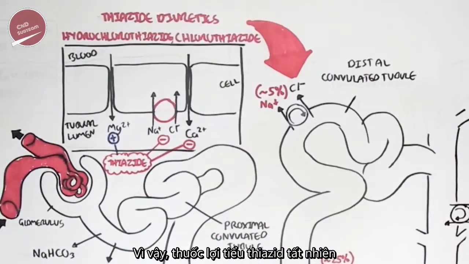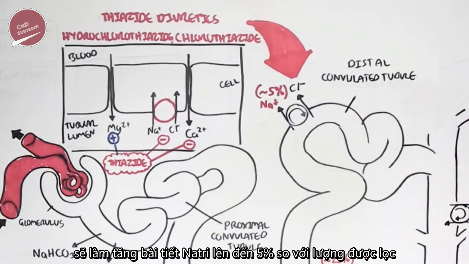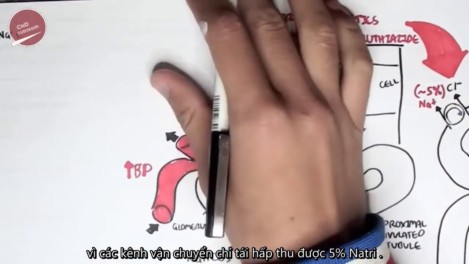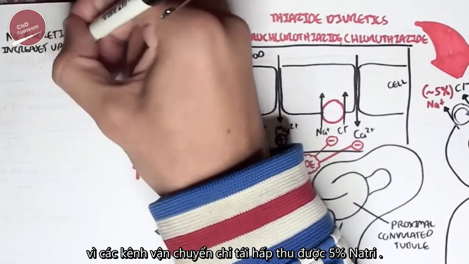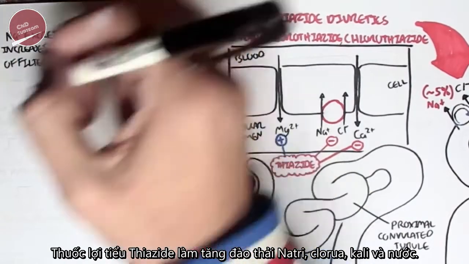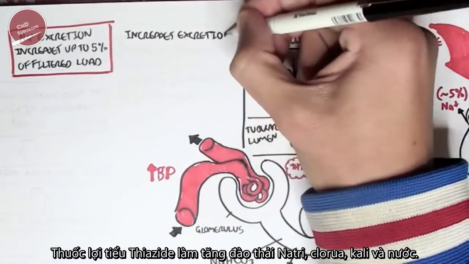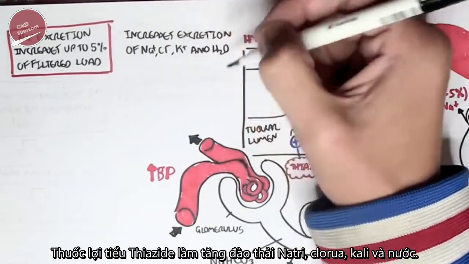So thiazide diuretics, of course, increase sodium excretion up to 5% of the filtered load, 5% because this transporter only reabsorbs roughly 5%. Thiazide diuretics essentially increase excretion of sodium, chloride, potassium, and water.